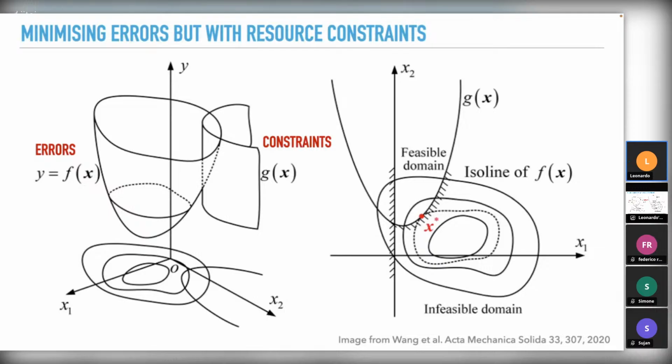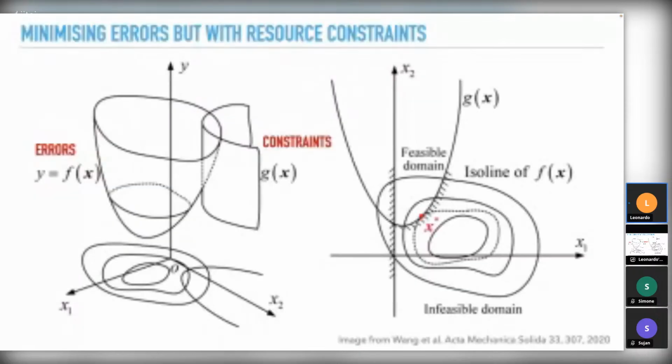But then we have our constraints that limit our space to this region, the feasible domain. Here, what we want to get is the closest point in this domain to this minimum error solution. So whenever we have a cost function and constraints, the whole problem changes, and we have to take this into account.